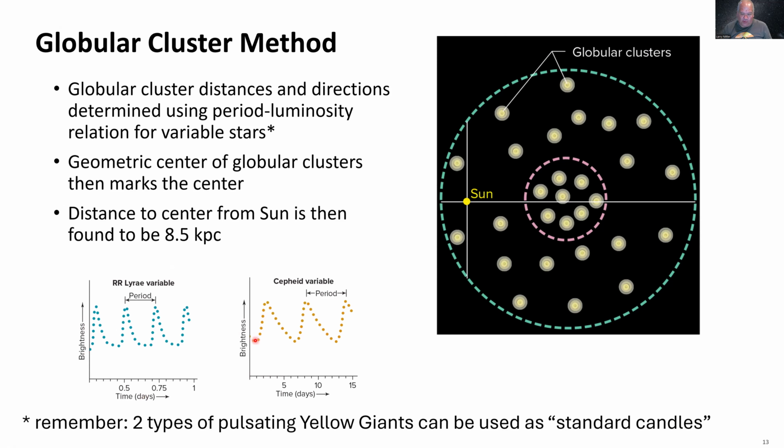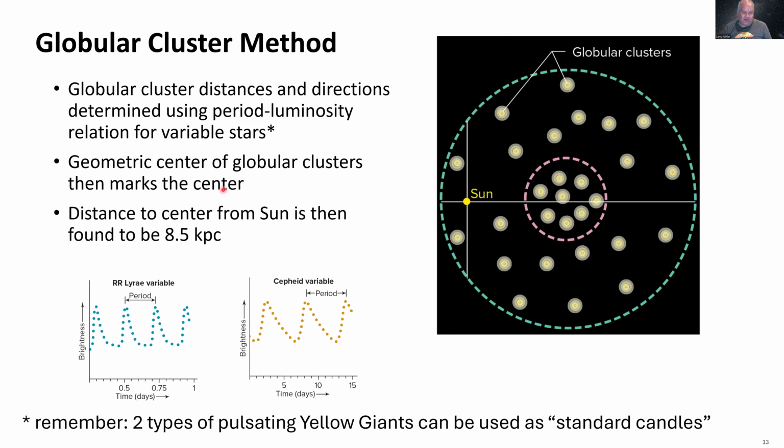The cool thing about both of them is that they can be standard candles, because exactly how bright they are depends on how fast they're pulsating. So if you measure the apparent brightness, you can calculate their true luminosity from their period and calculate their distance quite precisely. And there are lots of these globular clusters around the center of the galaxy.